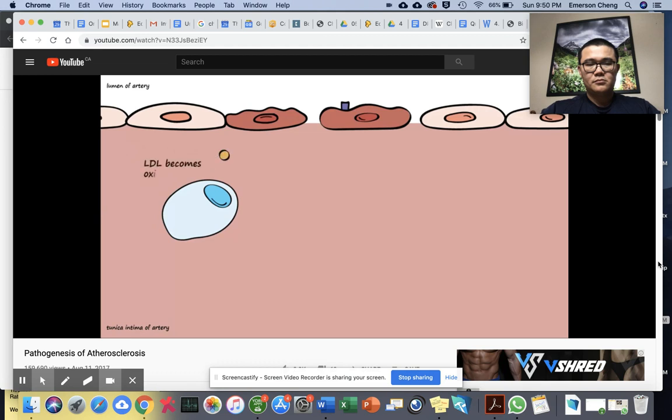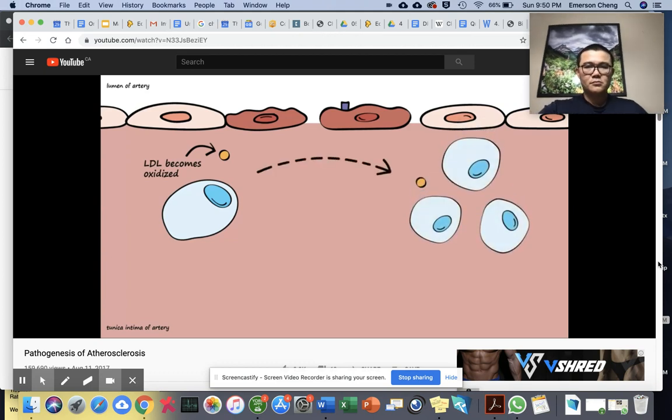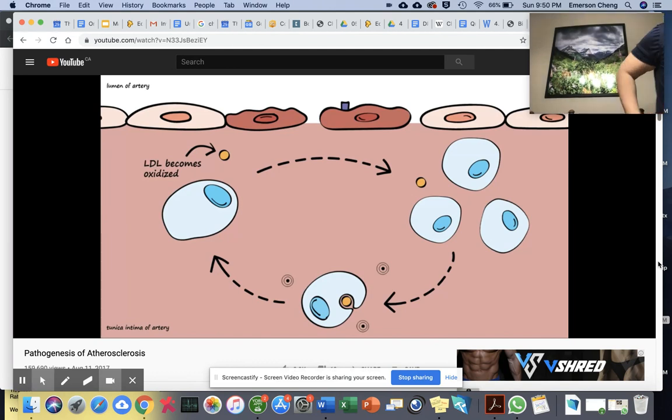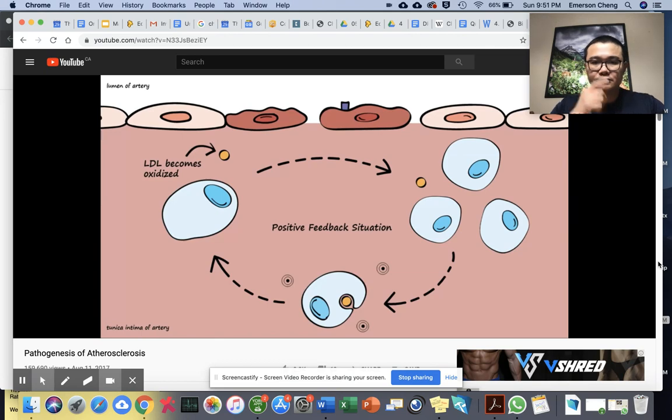Oxidized LDL particles are especially effective at attracting and activating white blood cells. White blood cells then engulf the modified LDL particles, which stimulates them to produce even more oxygen free radicals. It becomes easy to imagine that an area of endothelial damage will lead to an accumulation of modified LDL particles and migrating white blood cells. A positive feedback situation begins to arise when accumulating immune cells and modified LDLs bring in even more immune cells and modified LDLs.